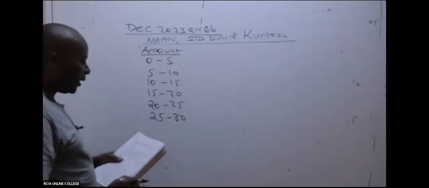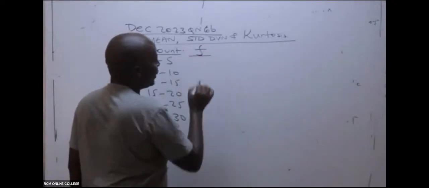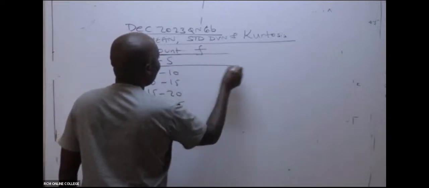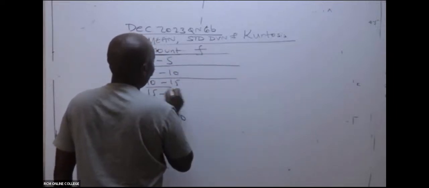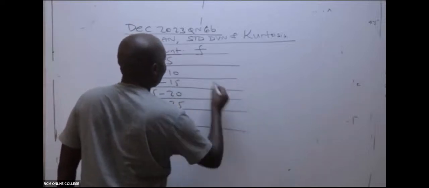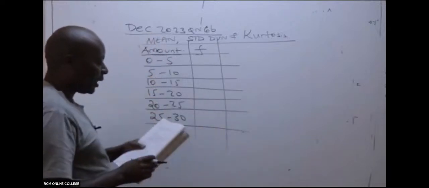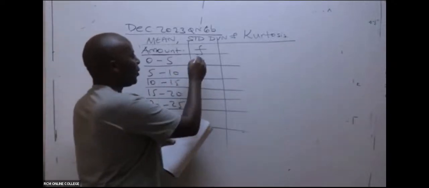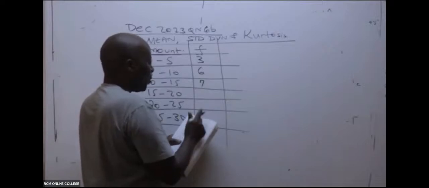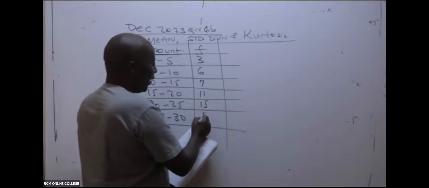And then I see the number of customers. Those are my frequencies. So we have 3, 6, 7, 11, 15, and then 8.